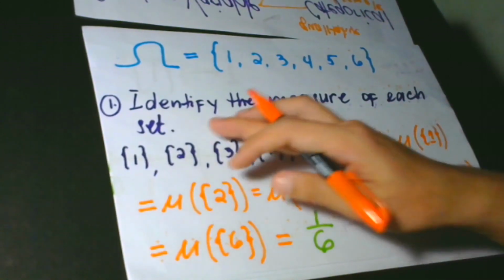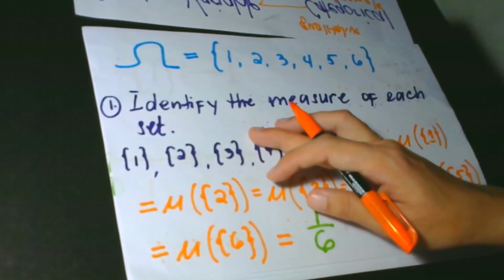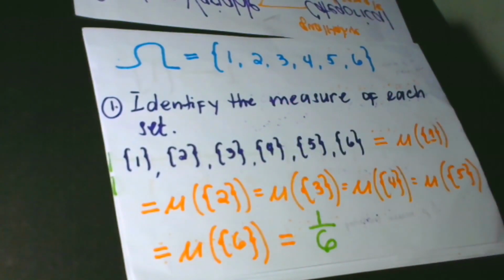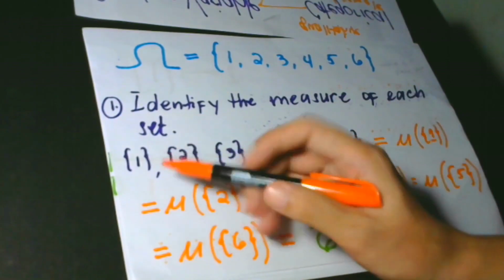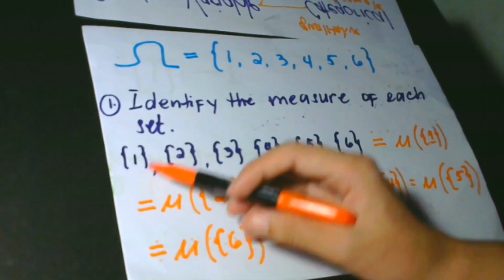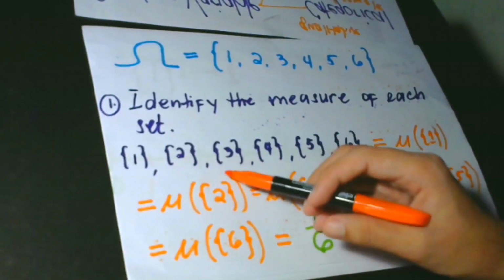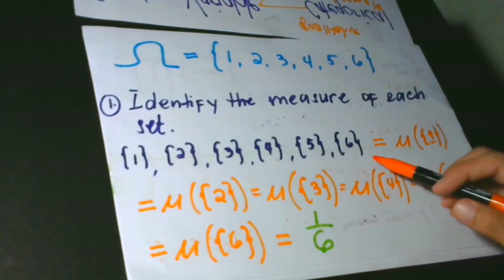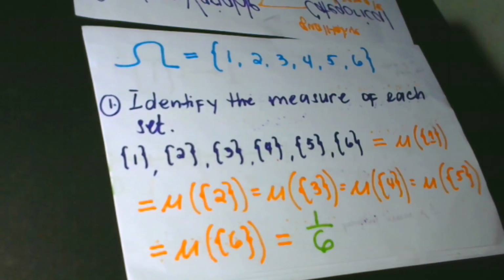The first thing to do is that we are going to identify the measure of each set. That is the set of 1, the set of 2, the set of 3, the set of 4, the set of 5, and the set of 6. And then let's show that each probability mass function is equal to each other.